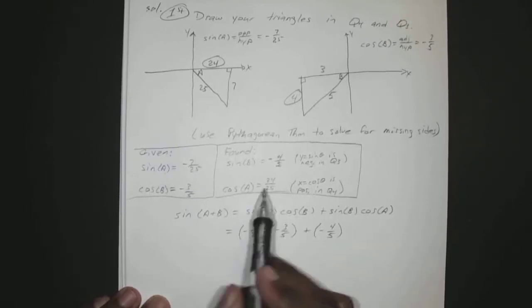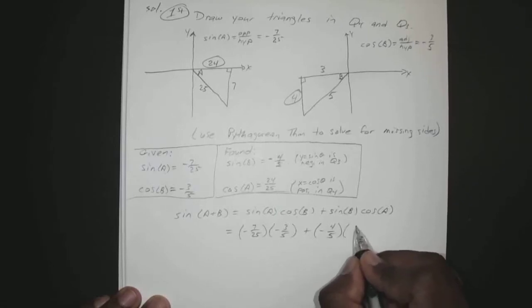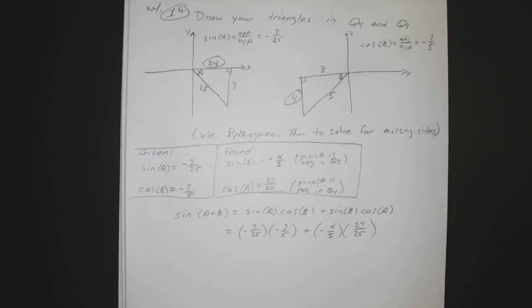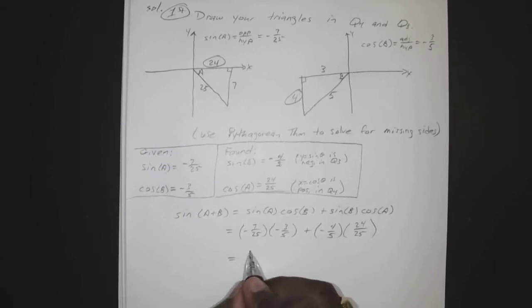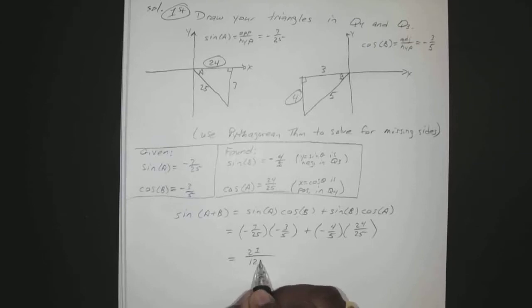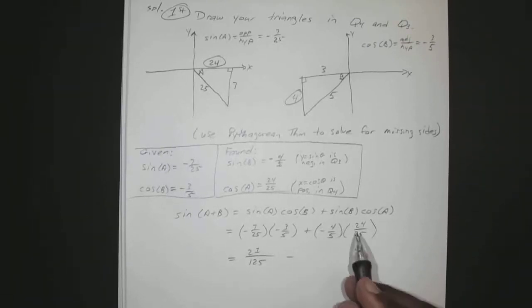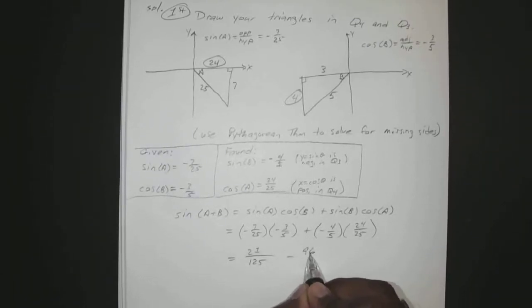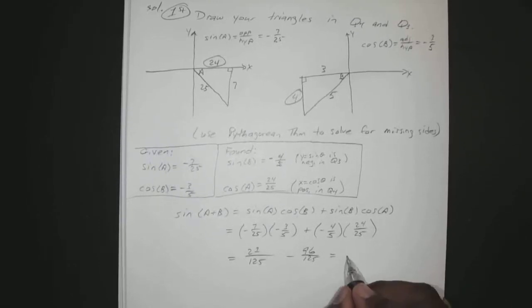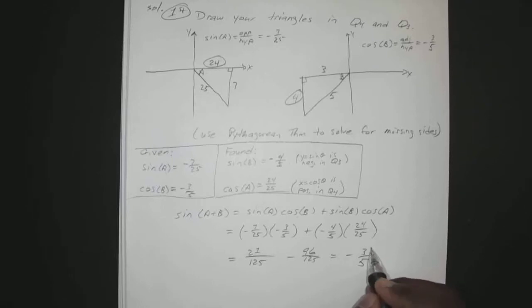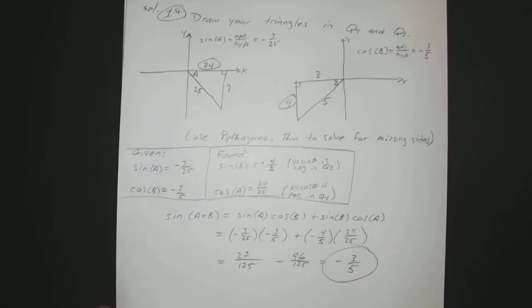And our cosine of A is 24 over 25. Okay. So once again, we just start multiplying and simplifying all our terms together. So you have positive 21 over 125 minus 96 over 125, which simplifies to negative 3 over 5.